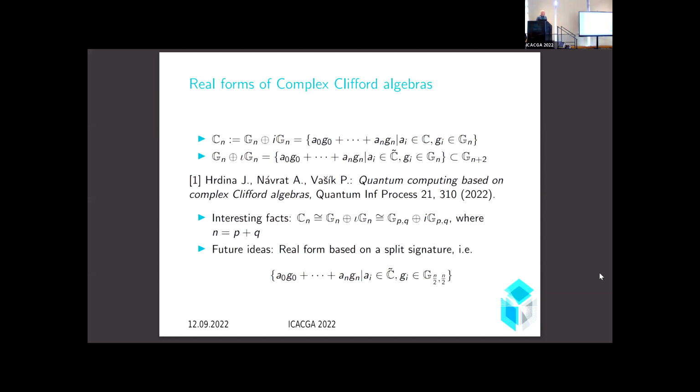These two algebras are isomorphic as real vector spaces, and they are isomorphic as real geometric algebras. This year we have published a paper where we solved how to use the complex Clifford algebra to simulate quantum computing.